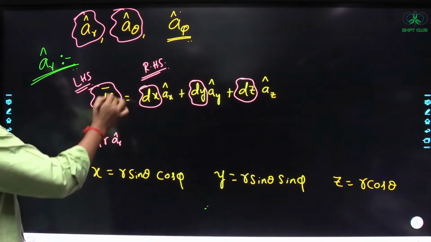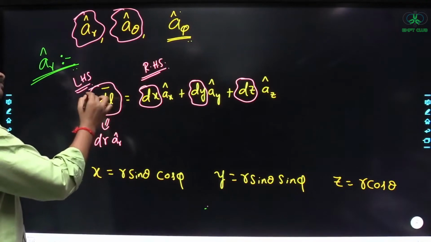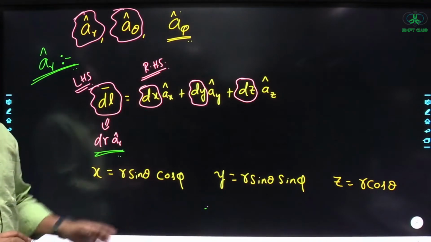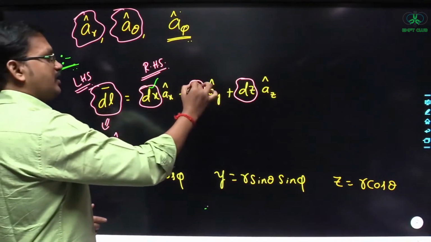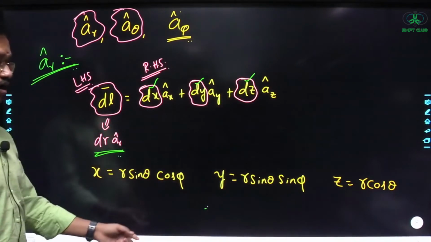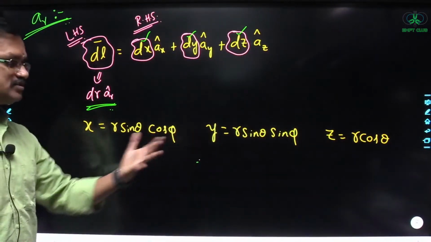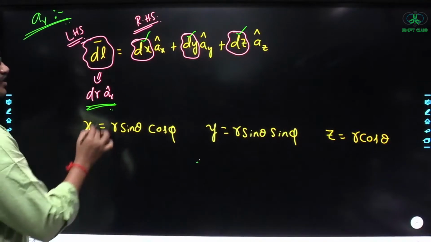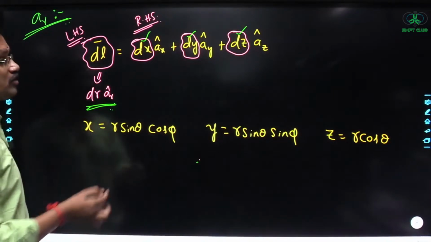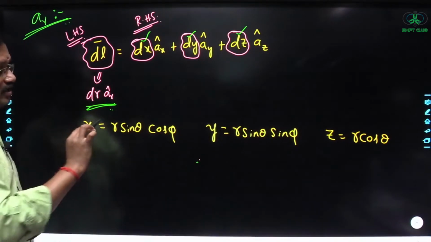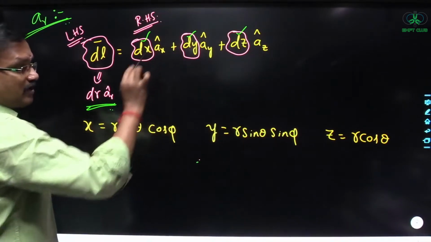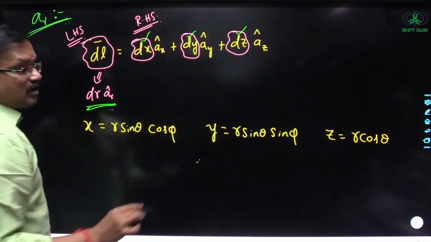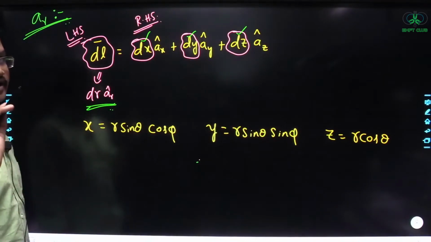The differential length we got by varying only r on the LHS is dr a_r cap. On the RHS also we have to determine dx, dy, and dz by varying only r, keeping theta and phi constant.